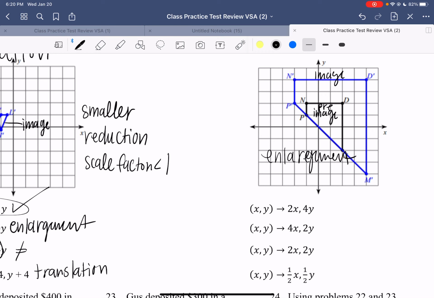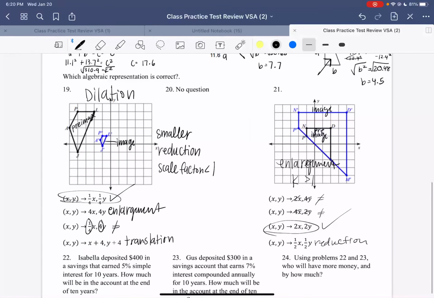And this enlargement is going to take you with a scale factor, or k, that is greater than 1. So these need to be the same, and they're not. So 2 and 4, these need to be the same, and they're not. An enlargement looks like that one, and this would be a reduction. So you need to be able to identify those.